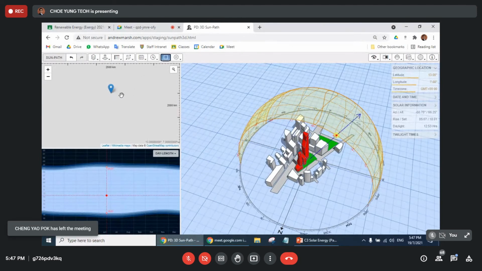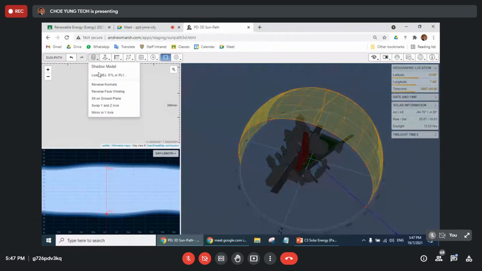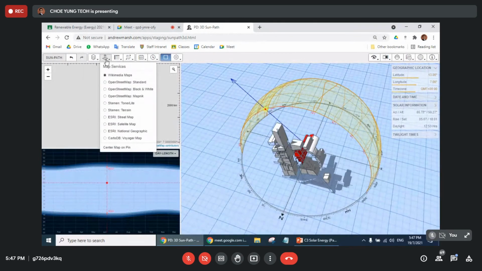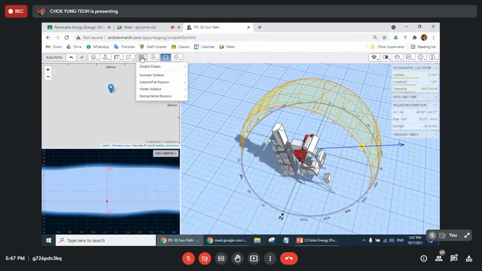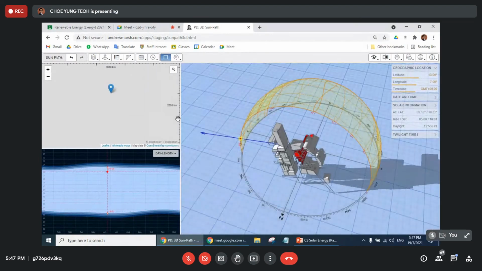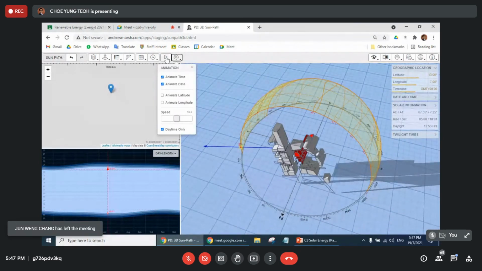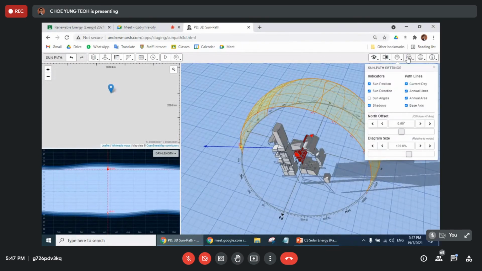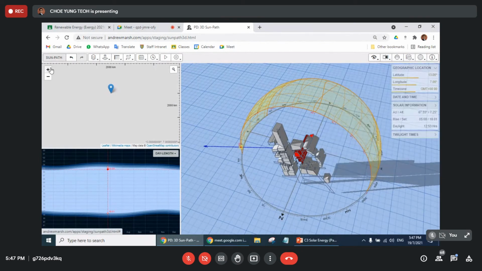There is even an animation of the sun and moon. I can't remember how to change it.